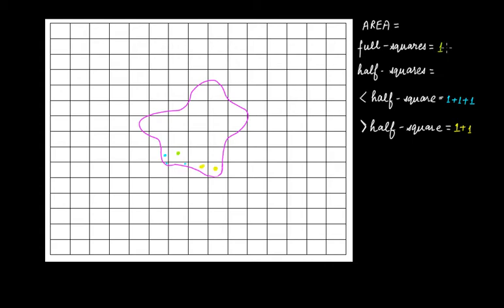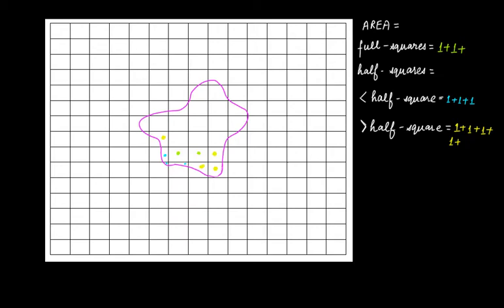So 1 plus, this also full, 1 plus 1 plus. What is this? This is more than half, so again 1 plus. This is also more than half here, so 1 again plus.